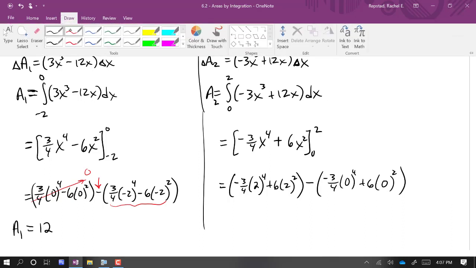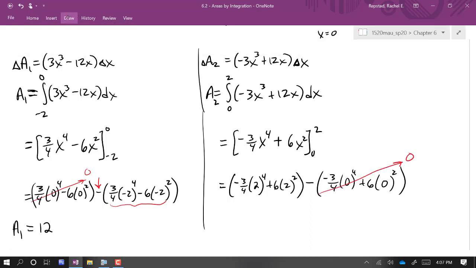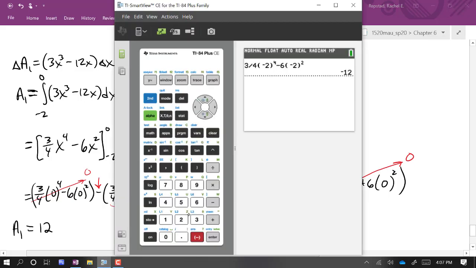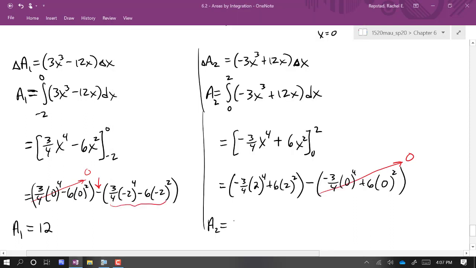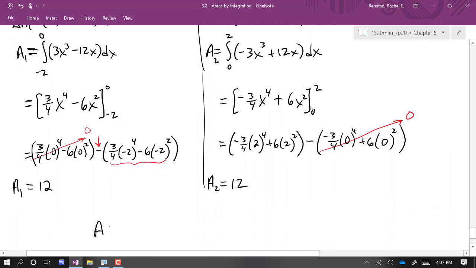Of course, when we plug in 0, that will just give us 0. So let's plug that into the calculator. And we get 12. Okay, so A1 and A2 are both 12, so the total area, which is their sum, is 24.